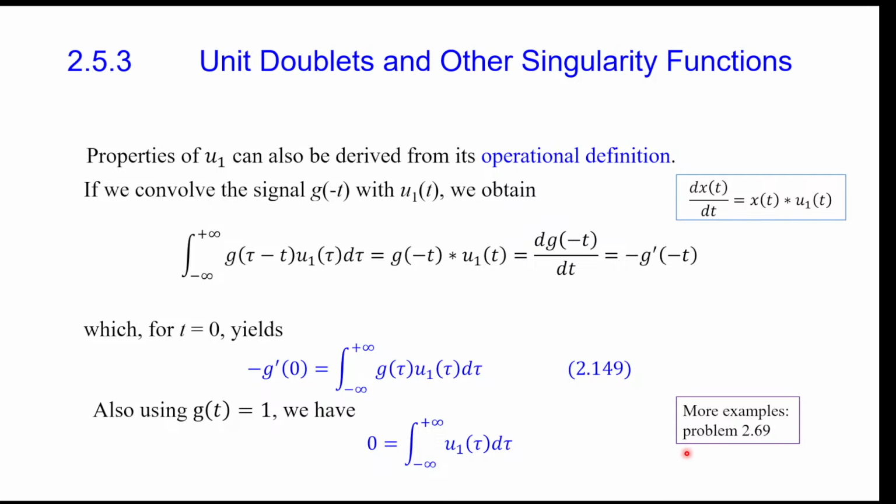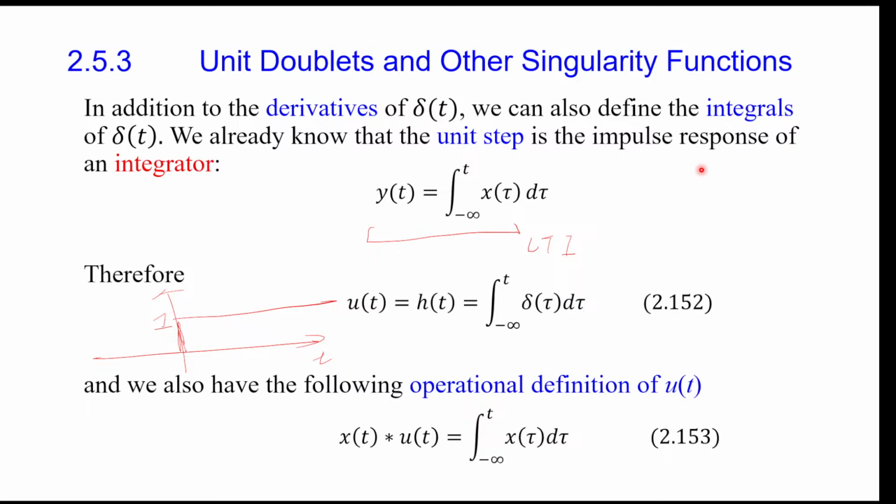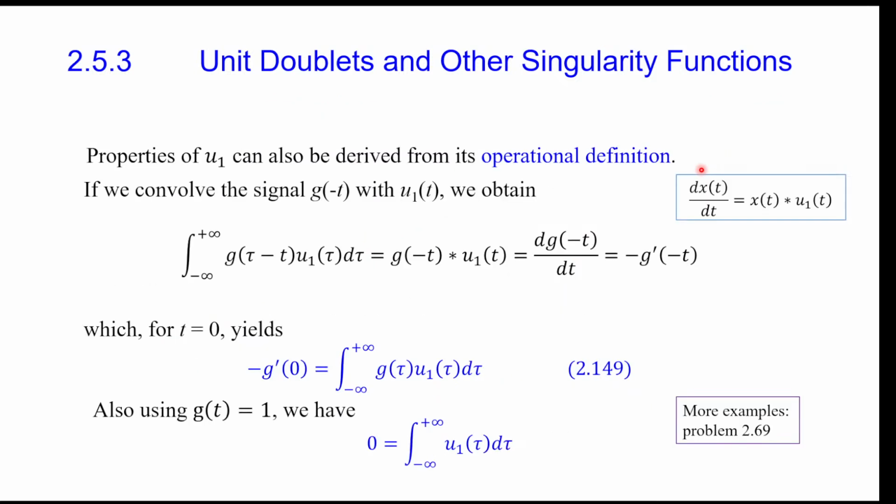Those properties tell you that you can define your u1 function, this unit doublet, operationally this way. And so those are the derivatives of the delta function.